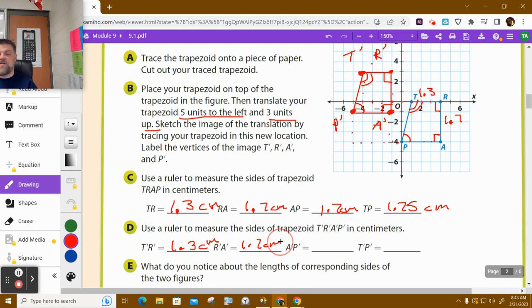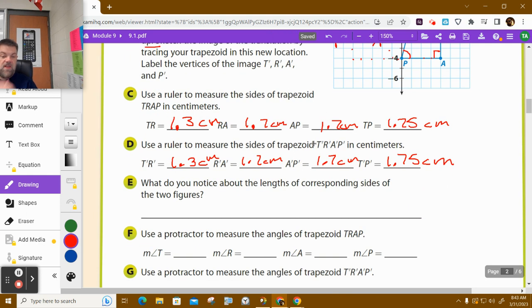And as we said earlier, why do we want to check that? Well, because we're translating, which means the object is rigid. We're not changing the rotation. We're not changing the orientation. It's the same object. We're just moving it, gliding it, sliding it, whatever word helps you remember it.